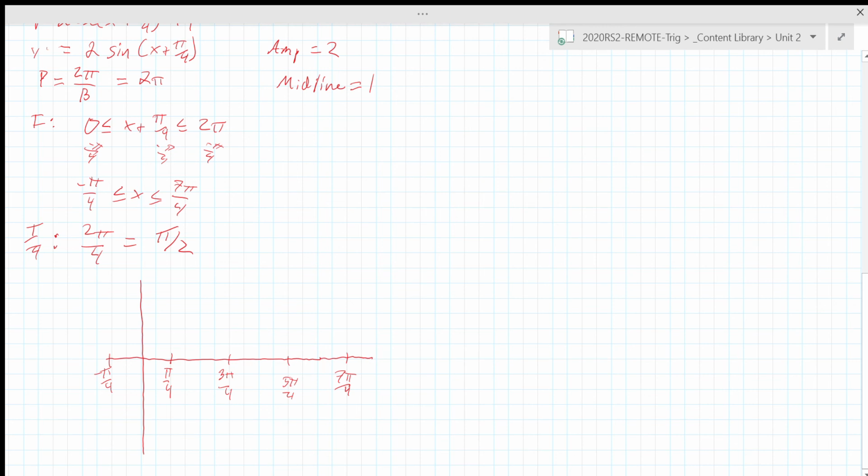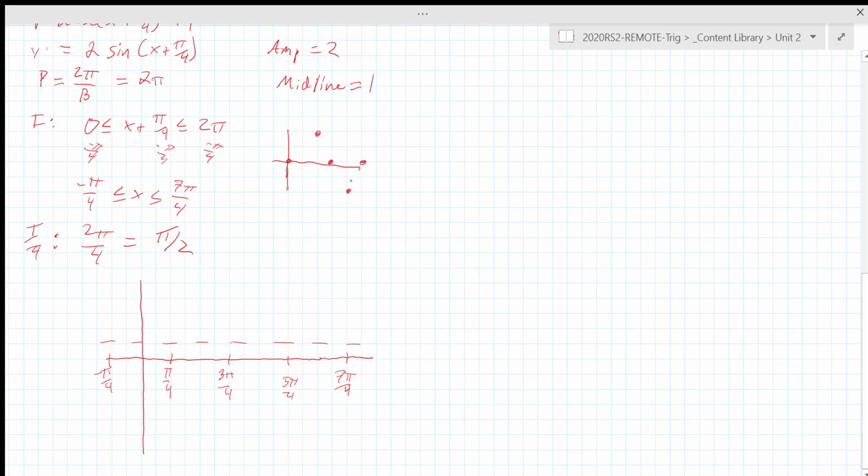All right, and this is all stuff that we did with graphing sine and cosine. The midline is at 1, so we'll draw a nice midline there at 1. And then it's a positive sine function, so it's going to follow that positive sine pattern where you start at the midline, go up the amplitude, back to the midline, down the amplitude, back to the midline.